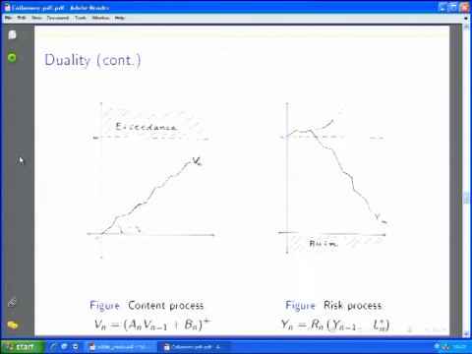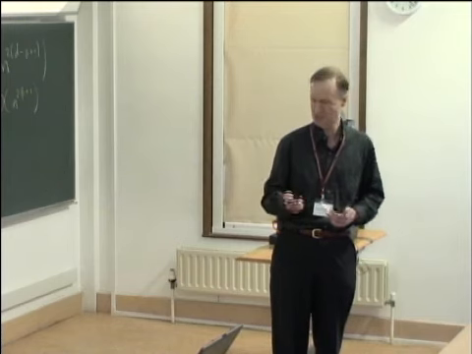And so the objective will be to study the simulation problem not for the original risk process, but for the associated content process. At this stage, it's interesting to understand why the content process would be more natural to simulate using rare event simulation than the original risk process.